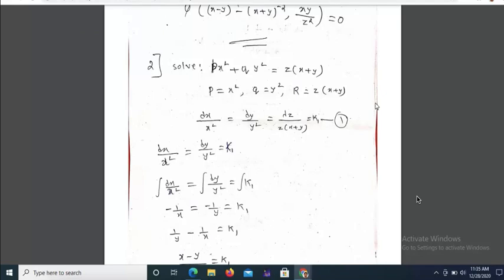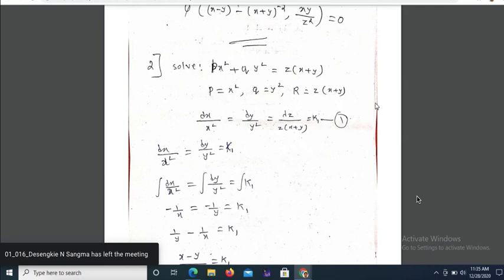P is equal to x squared, Q is equal to y squared, R is what? z times x plus y. So I can take it as dx by x squared equal to dy by y squared equal to dz by z times x plus y, equal to k1. Simply I call it k1. The first two terms I will take: dx by x squared equal to dy by y squared equal to k1.